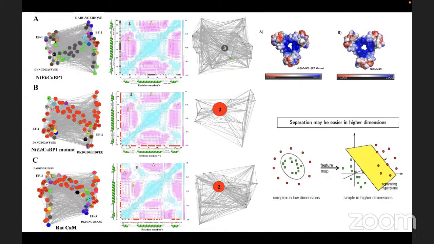There's a comparison of three structures here, and in this comparison networks are derived, where residues that are clustered in the same group are colored alike, like the red ones. By this you can try and understand how the dynamic cross correlation between residues and the entire structure has changed from one structure to another.